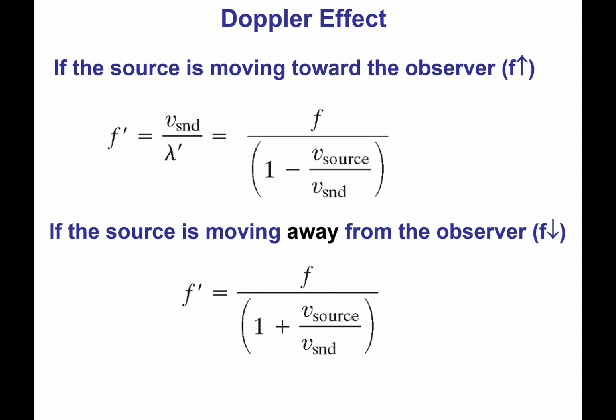And it's smaller by a factor of the speed of the source divided by the speed of sound. So remember, the speed of sound is about 340 meters per second. If the source is moving away from the observer, the equation changes in that the denominator has a plus sign instead of a minus sign. So we're dividing by a number bigger than 1, and so the new frequency is going to be smaller than the old frequency.